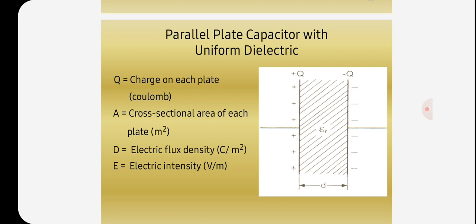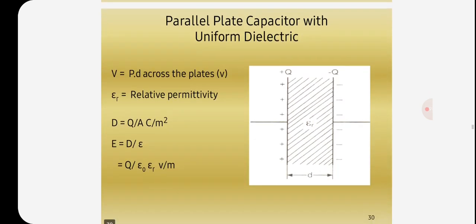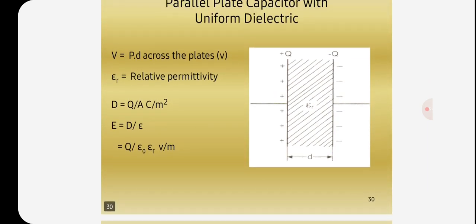Between the two plates is the dielectric material. The distance between the two plates is small d. V is the potential difference across the plates, and epsilon r is the relative permittivity.